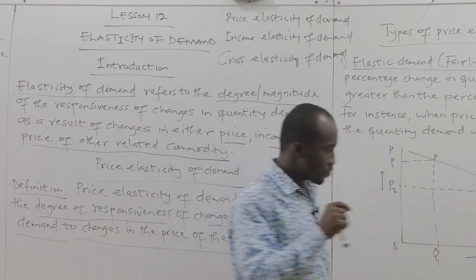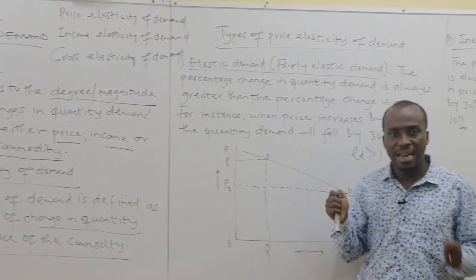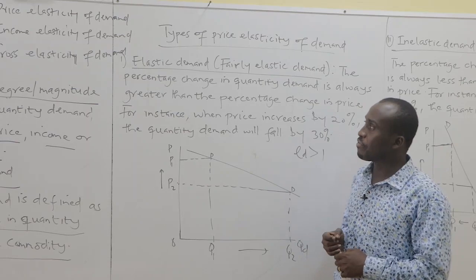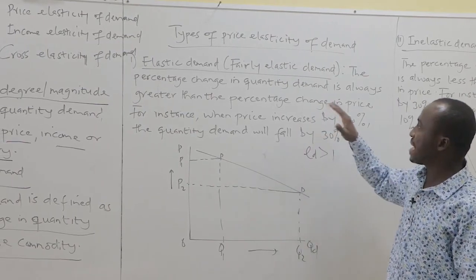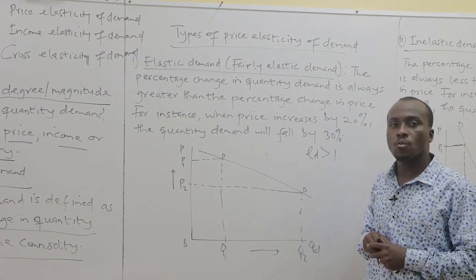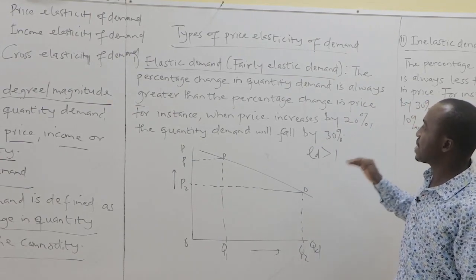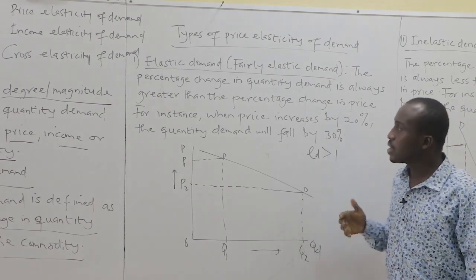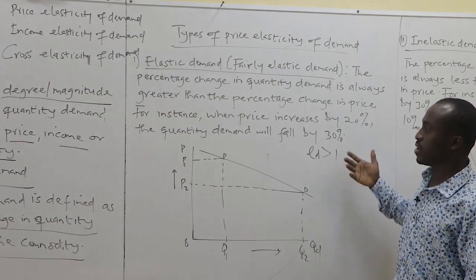We have five types of price elasticity of demand. The first type is elastic demand, or what they call fairly elastic demand. It means that the percentage change in quantity demanded by consumers is always greater than the percentage change in the price.